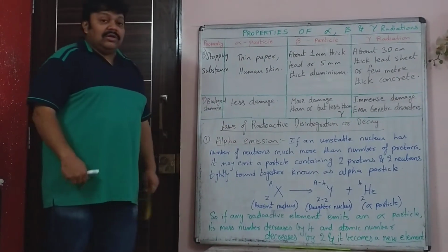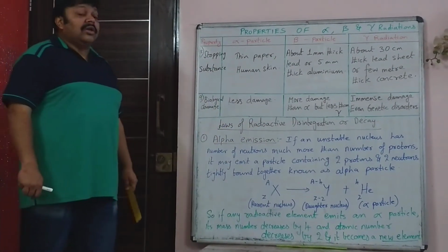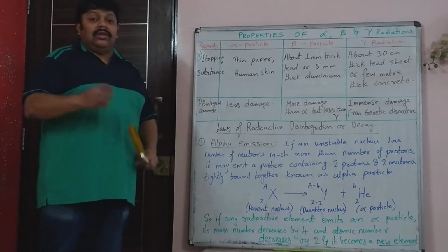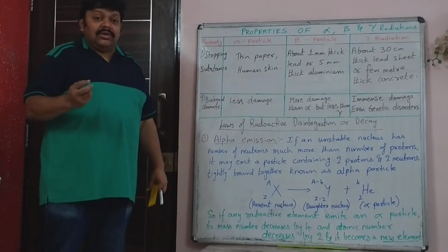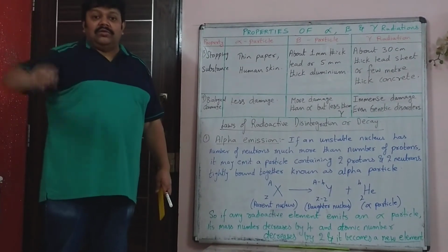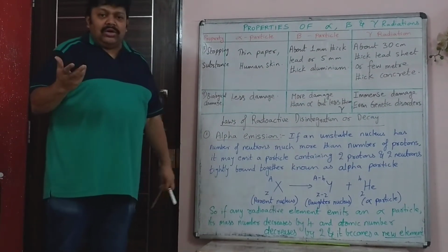Now we have to see the next part, that is the law of radioactive disintegration or decay. So what will happen when the nucleus of a radioactive element emits one alpha particle? When alpha is thrown out of the nucleus, what will happen? Very simple. Alpha is what?